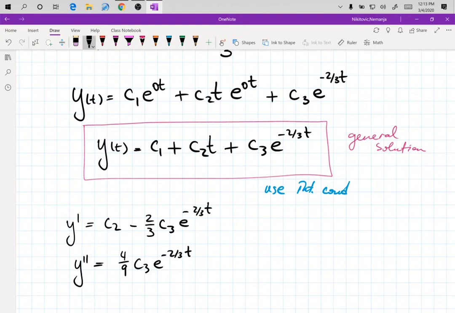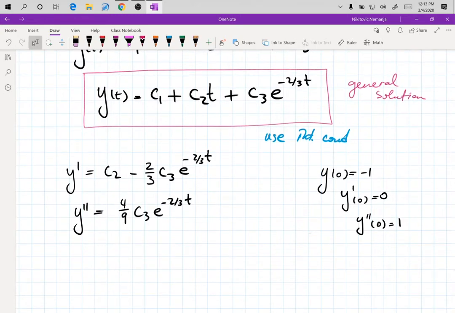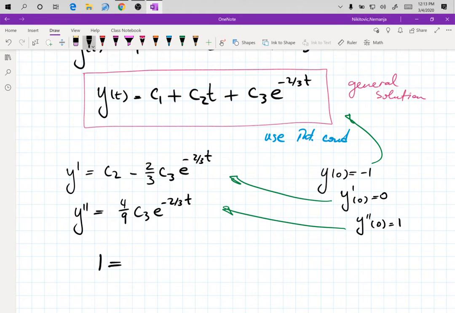All right, so the initial conditions are y of 0 is negative 1, y prime of 0 is 0, and y double prime of 0 is 1. Each one plugs into its own. I will start at the bottom. 1 equals 4/9 c3 e to the 0.